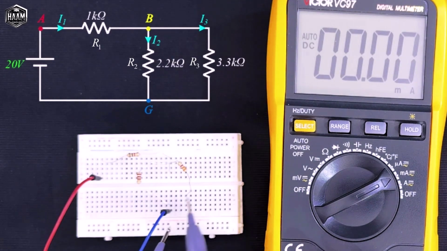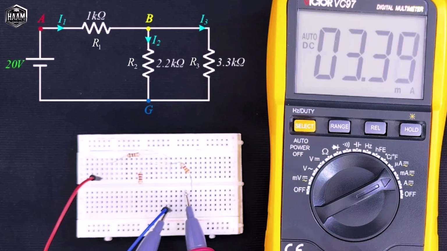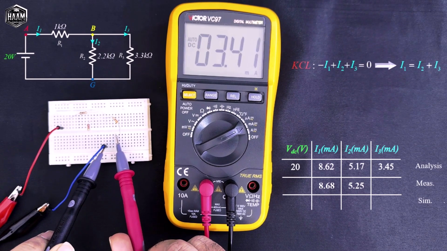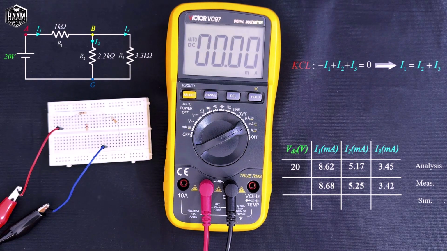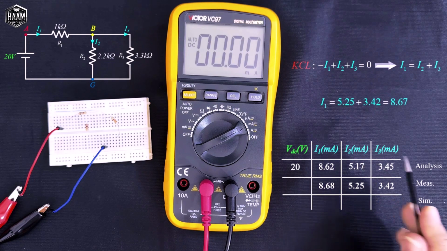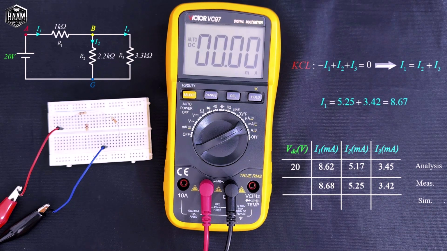So I place the multimeter between the new column and the previous one. The current, as you can observe, is 3.42 milliamps this time. So I1, I2, and I3 have been measured, and now we can check KCL together.